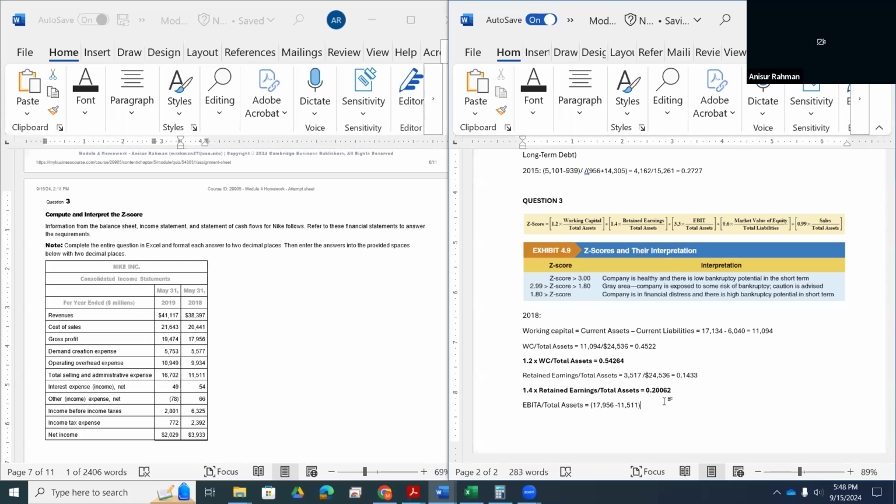So that is our EBIT, divided by total assets.